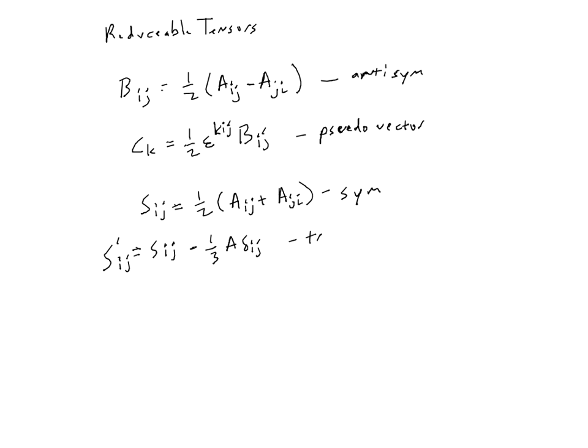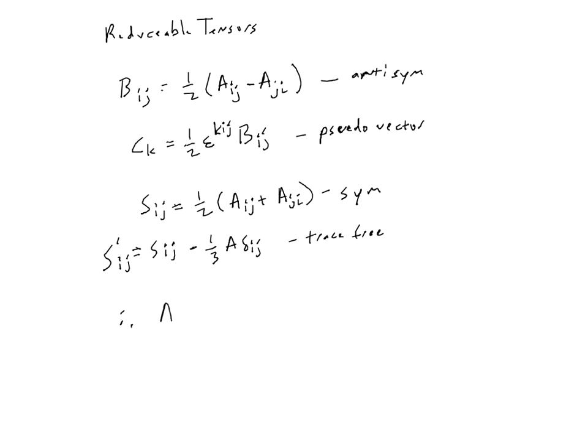So this is the trace-free part. The trace is just a scalar that comes from taking the trace of A by itself.